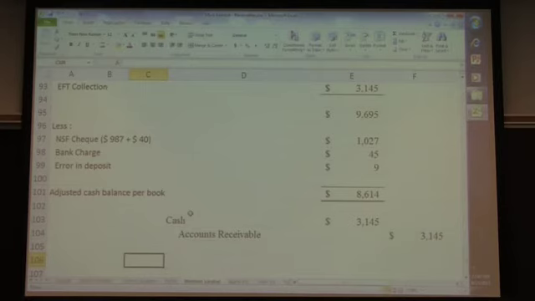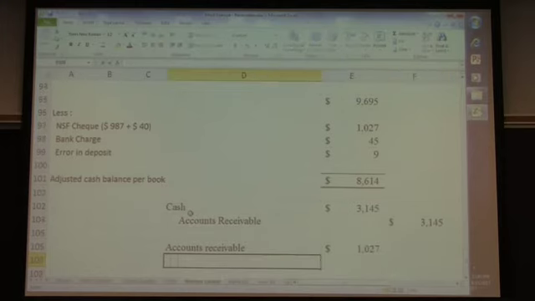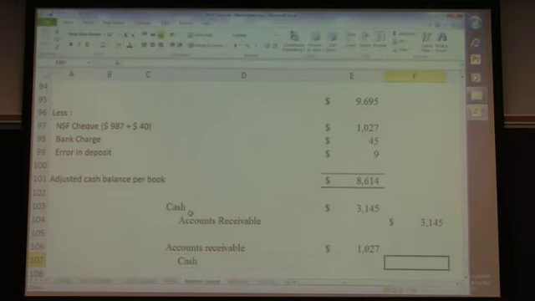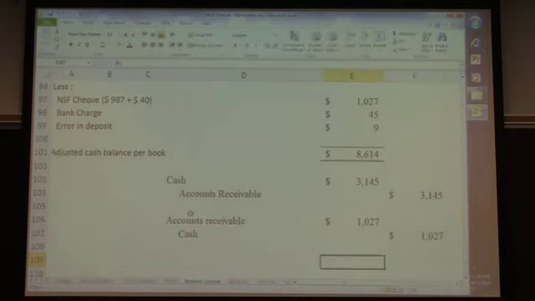And then we have to adjust for the NSF check, so we would have to put it back into the receivables for $10.27, and we would have to credit cash for $10.27.